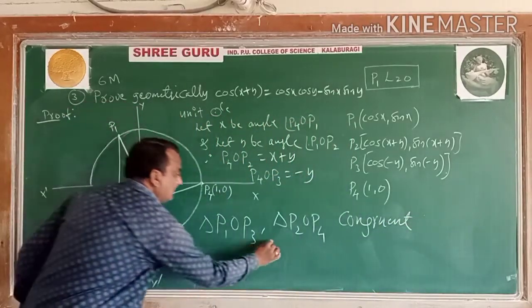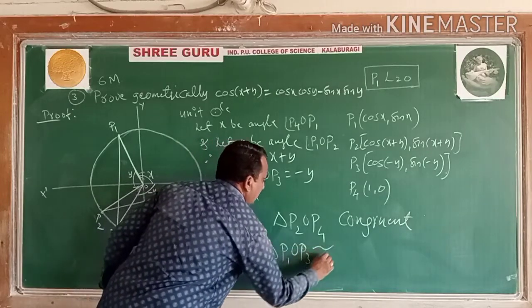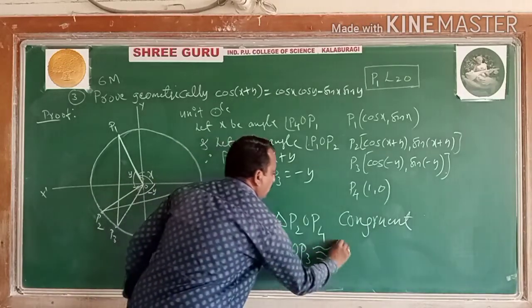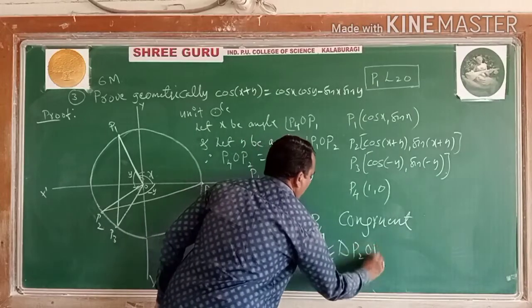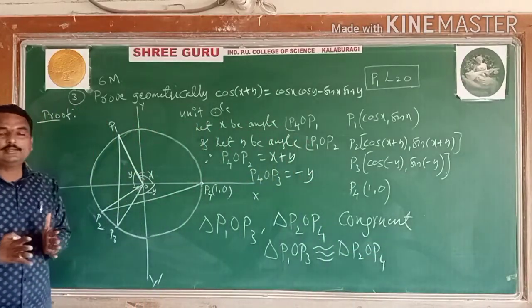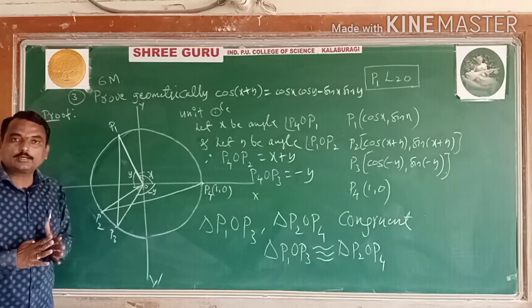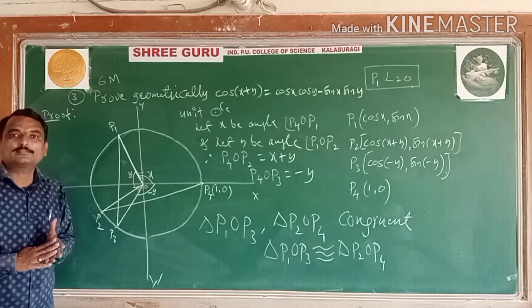From previous classes we have the result that if two triangles are congruent, their corresponding sides are equal.